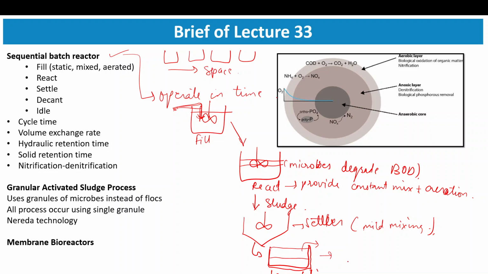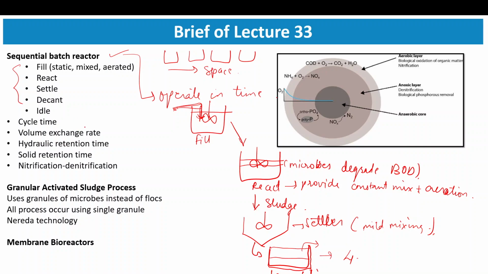The average time taken or processing time here is almost 4 to 10 hours, I guess. And after this, you again repeat the cycle. All these are the steps and parameters associated with the sequencing batch reactor.